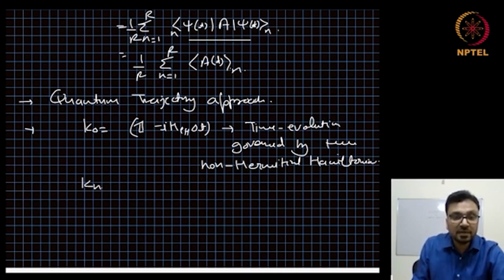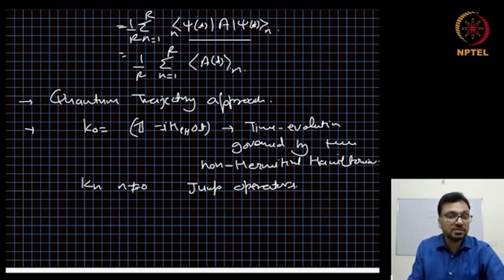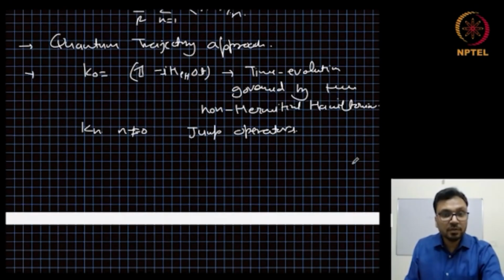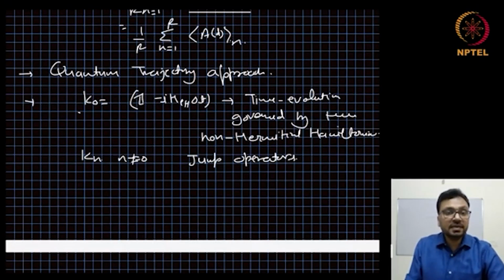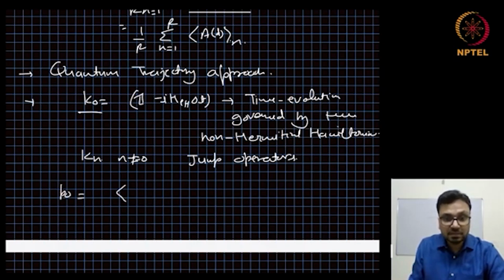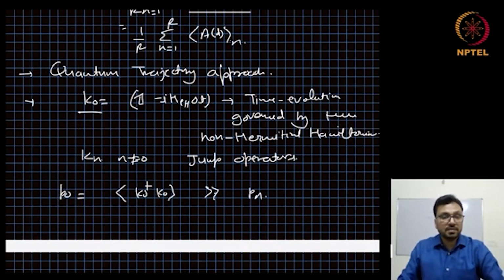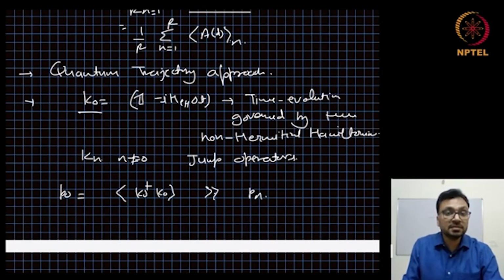And Kn, where n is not equal to 0, are called jump operators, or quantum jump operators. Generally the probability of getting K0, that is P0, K0 dagger K0, is much larger than all the other Pn in a typical time evolution. So generally the system experiences only the evolution caused by the non-Hermitian Hamiltonian.